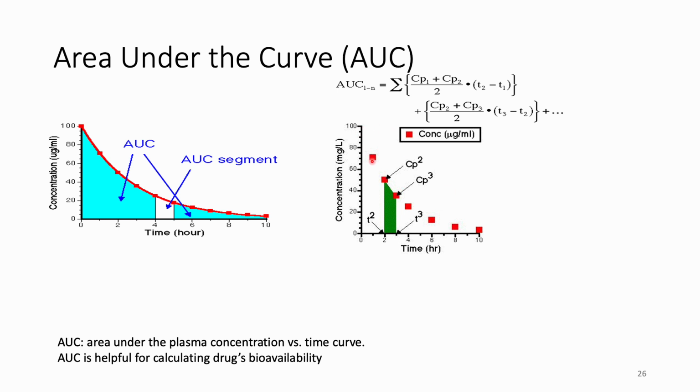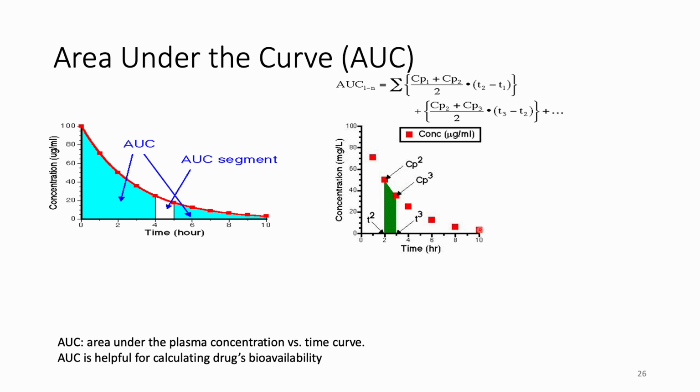To calculate from T0, you also use the trapezoid rule and consider the small fraction from T1. And at T0, how do you calculate the concentration? That's the initial concentration. Once you calculate the initial concentration, you then use the trapezoid rule.